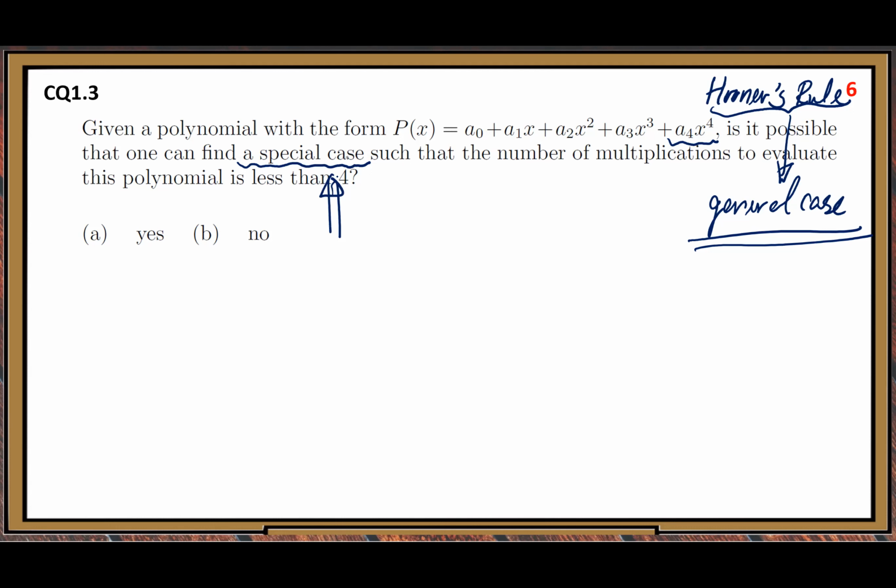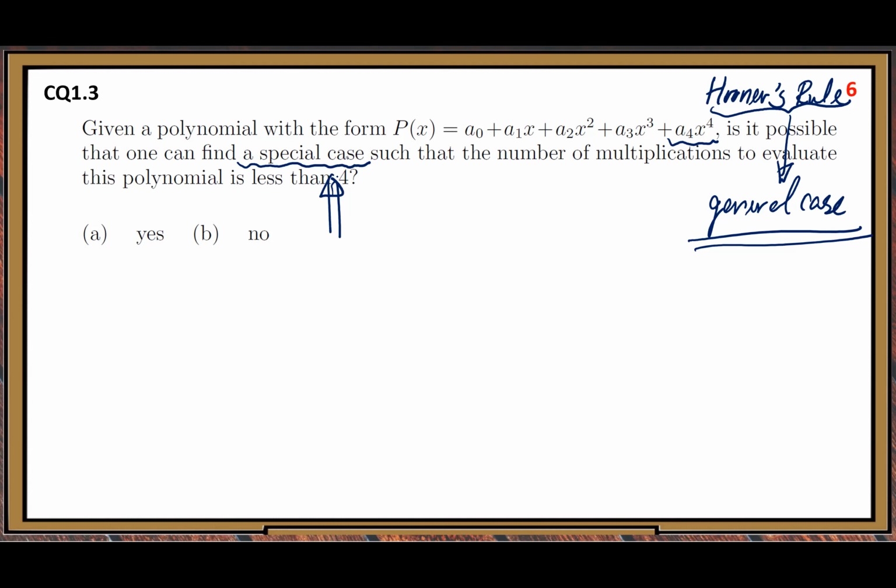Such that the number of multiplications to evaluate this polynomial is less than 4. Think about this question a little bit. Yes or no? If it is doable, you need to find an example.